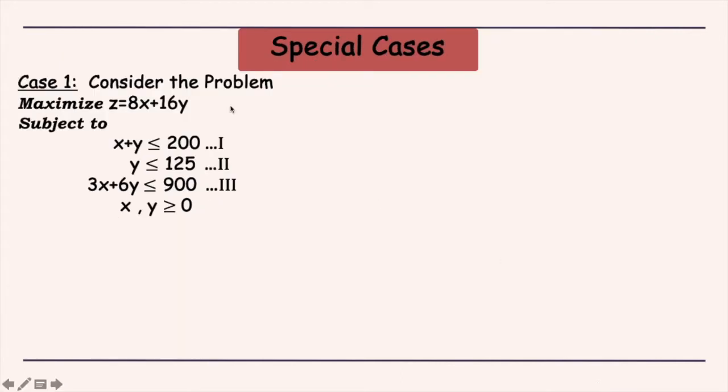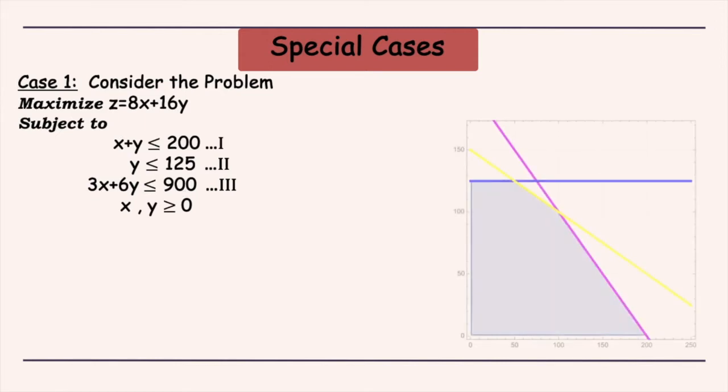Here the problem is to maximize z, which is 8x plus 16y, subject to these three constraints. The first thing is we are going to plot the feasible region for this problem. Corresponding to the first constraint, the boundary line is given by the magenta line and the feasible region is towards the origin.